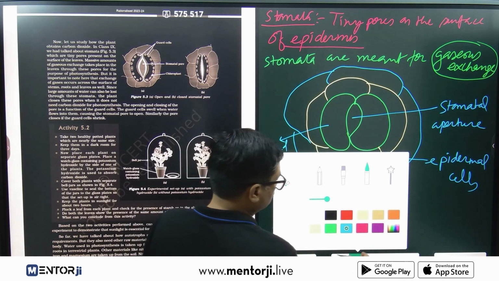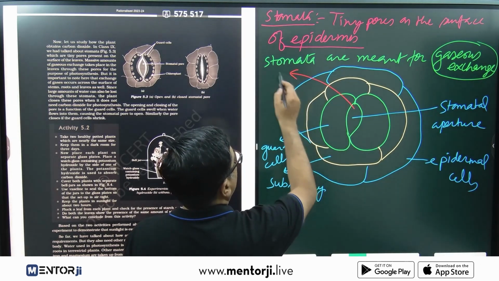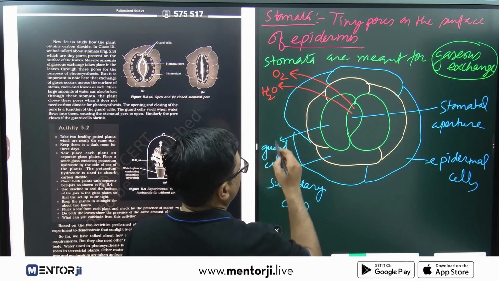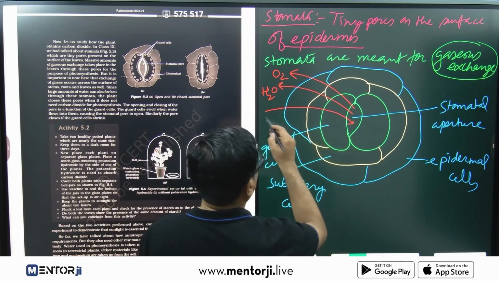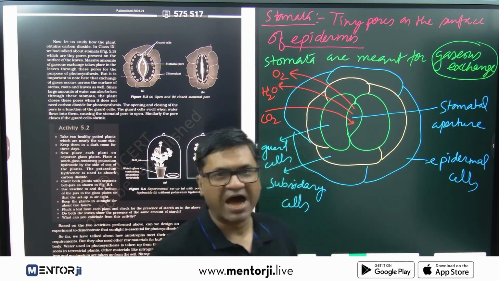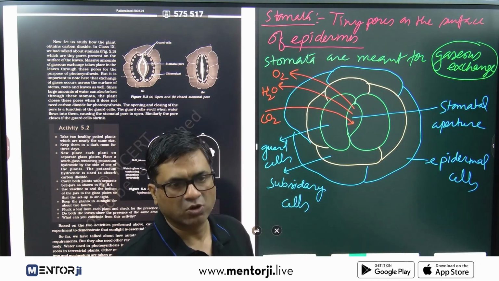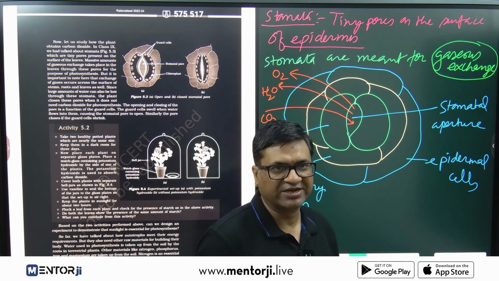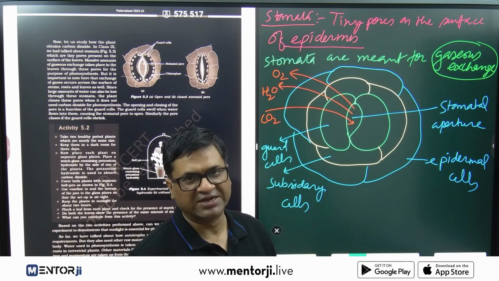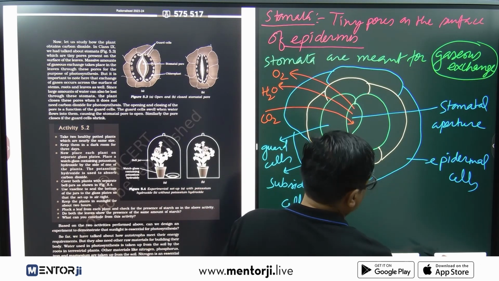Through this stomatal aperture, oxygen and water molecules come out and CO2 gets in. So this is gaseous exchange, how plants take up CO2 and release O2 and H2O. That is the major function of stomata.